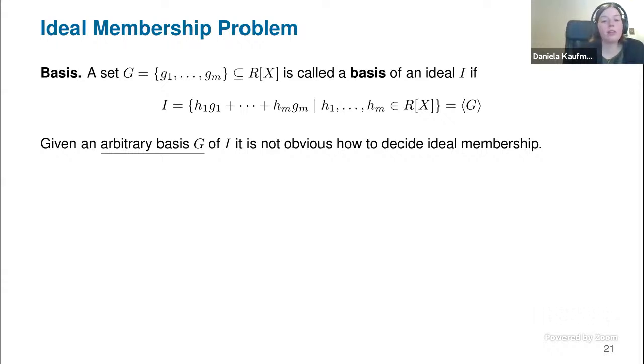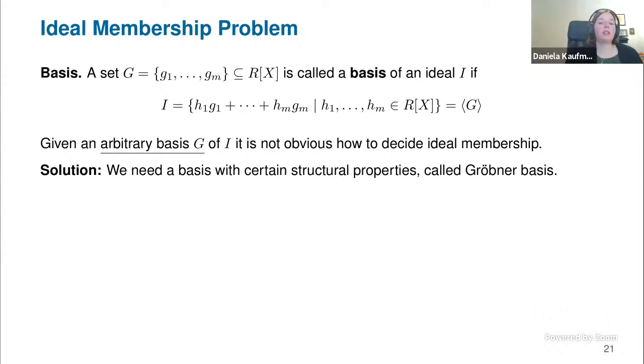And if that's the case, then we also say that the ideal I is generated by this given set of polynomials G. And when we have given an arbitrary basis G of the ideal, it is not obvious how to decide the ideal membership problem. What we in fact need is a basis with certain structural properties, and these bases are called Gröbner bases.